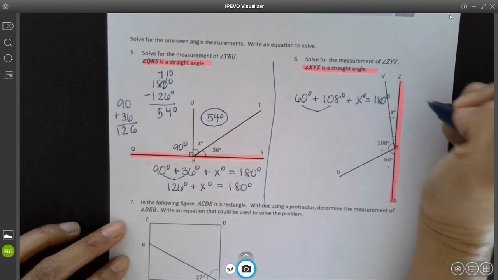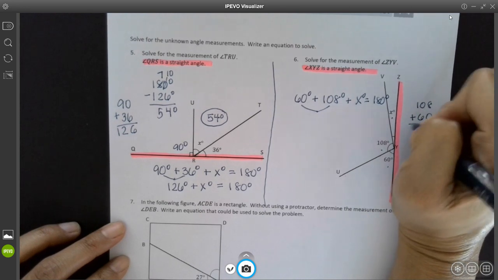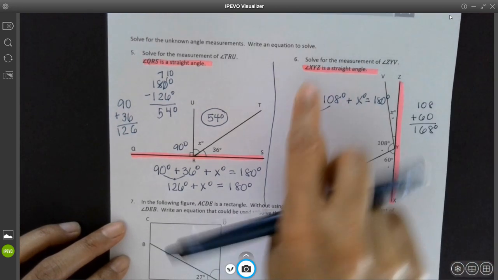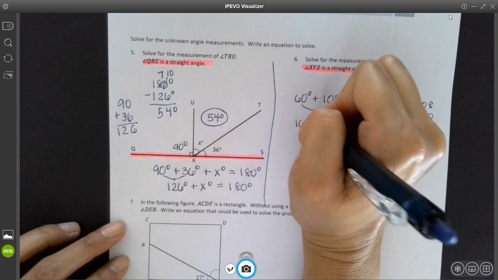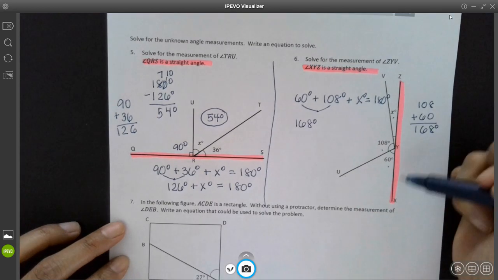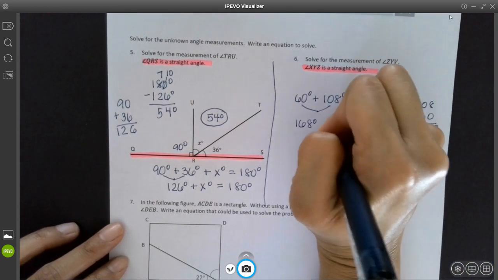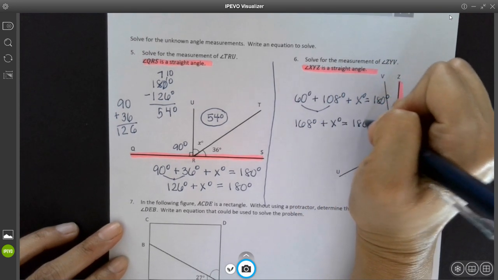We'll add those together first. So I know that these two together equal 168 degrees. And that makes sense. That would be a large obtuse angle. Plus x degrees equals 180 degrees.